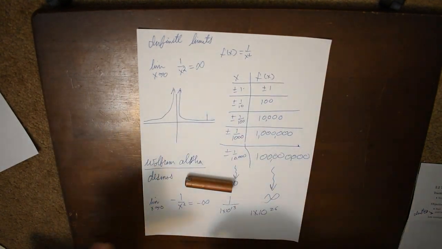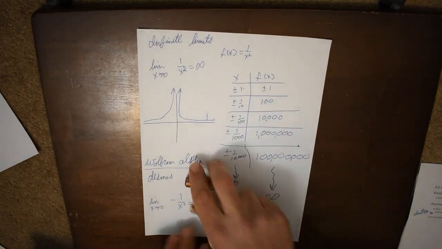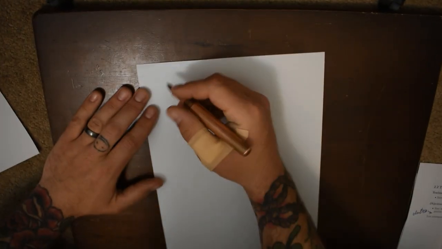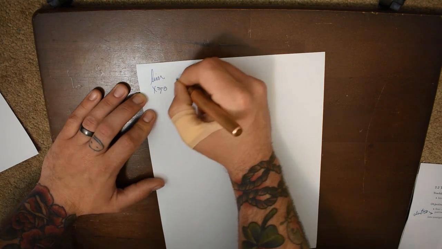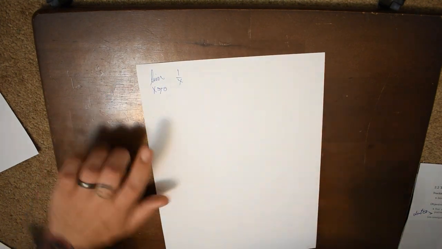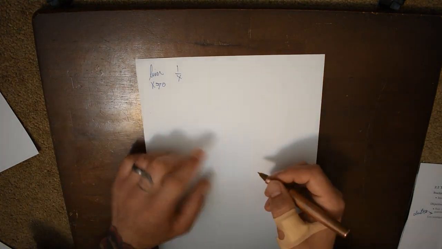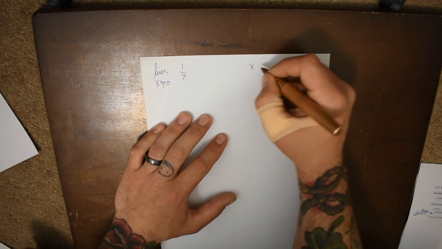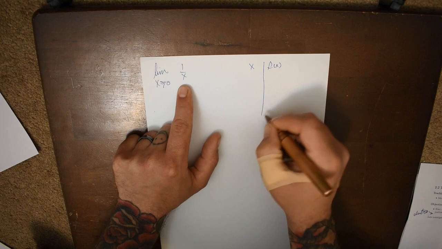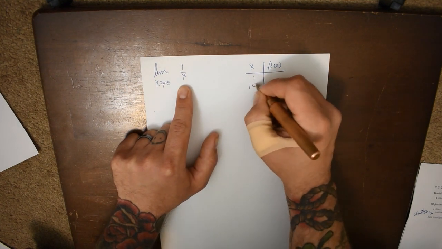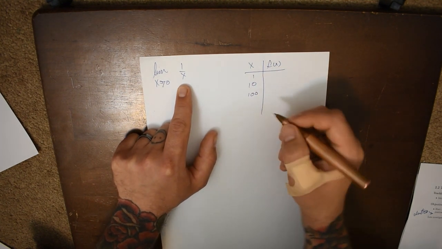So 1 over x squared behaves nicely, and that's why it was chosen for the first example. Something that doesn't behave as nicely is simply the limit as x approaches 0 of 1 over x. Table of values fairly straightforward. We can have an x, and I'm going to call this f of x again. 1, 10, 100.